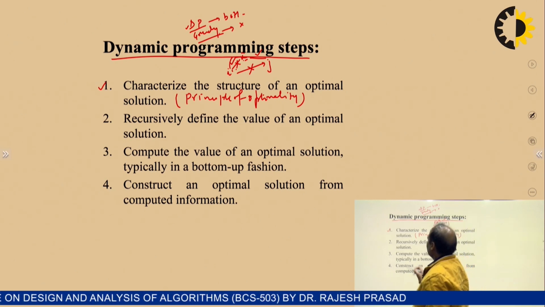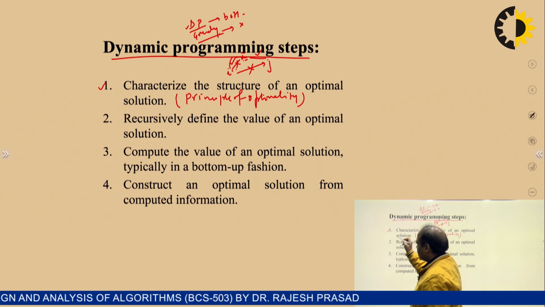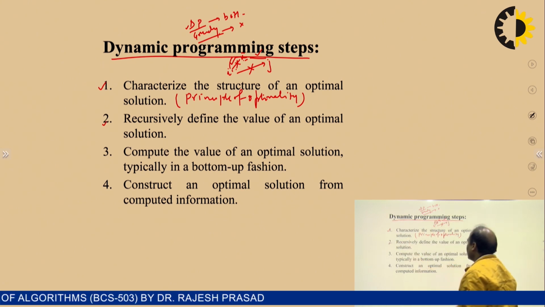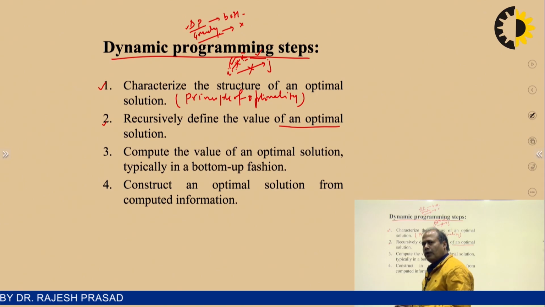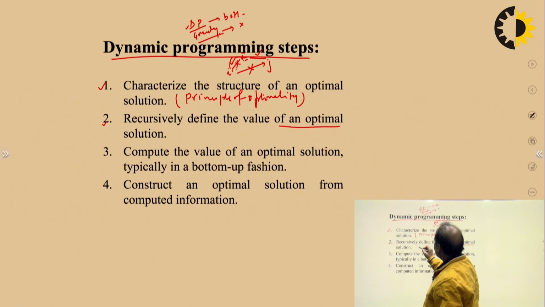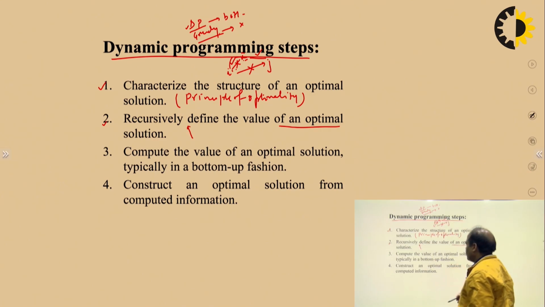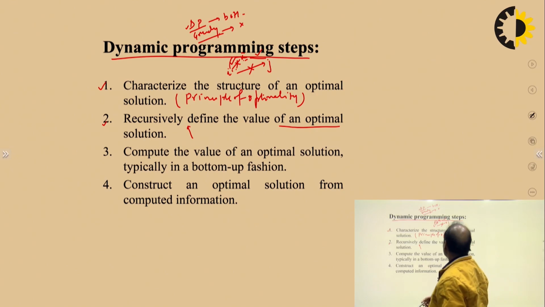After choosing the characteristics of the problem, number two, you have to recursively define the value of an optimal solution. As I told you, dynamic programming always works from bottom to top. It's not working from top to down. So you have to use recursion to look into the solution of the problems.